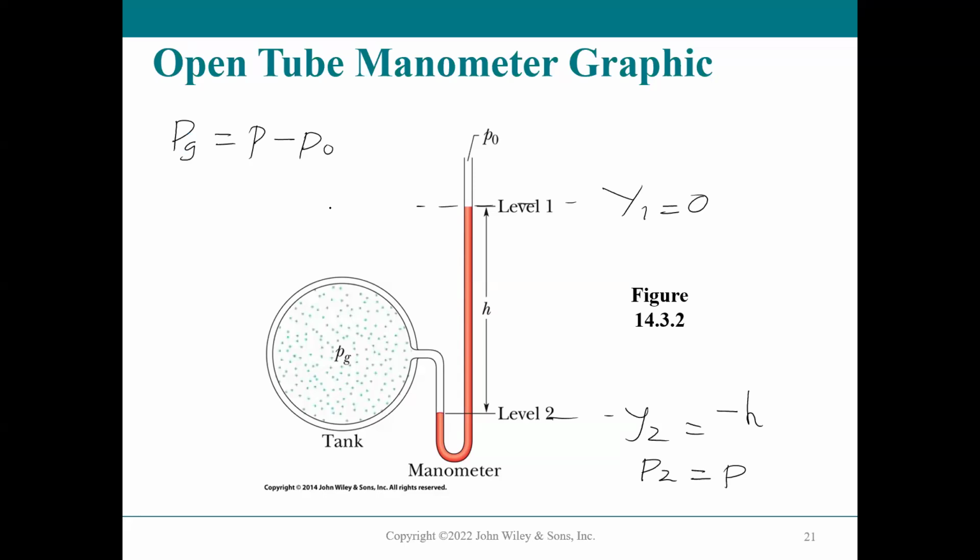Okay. So in this case, P minus P0 is equal to rho gh. This one, P gauge, is equal to rho gh.